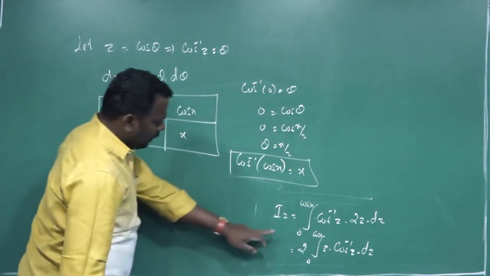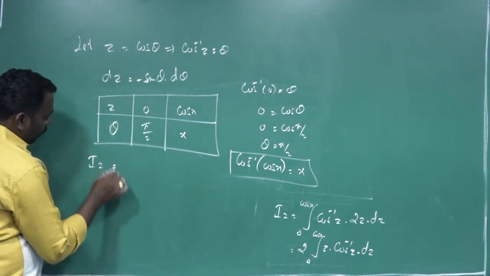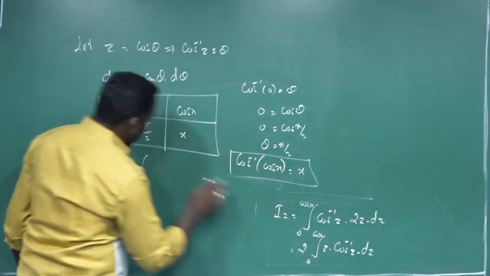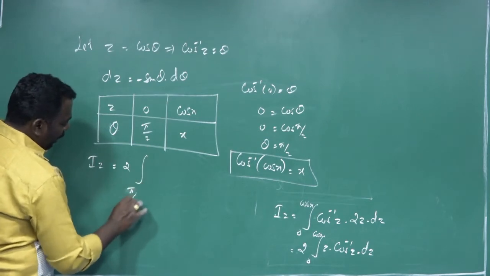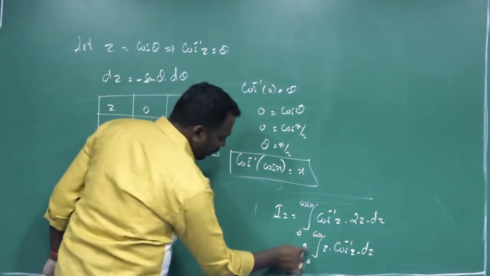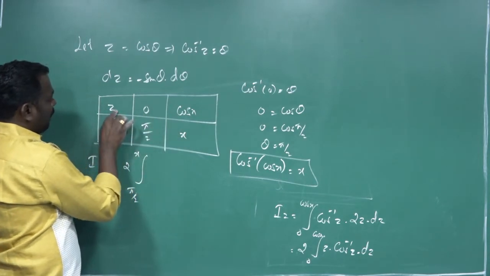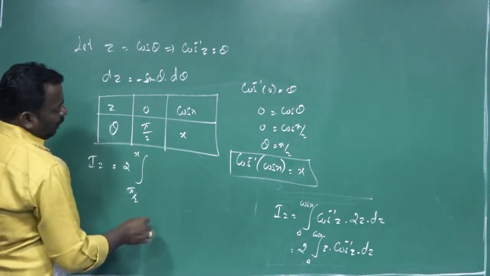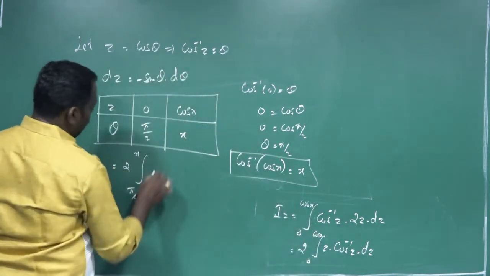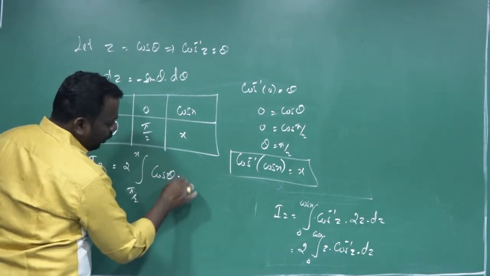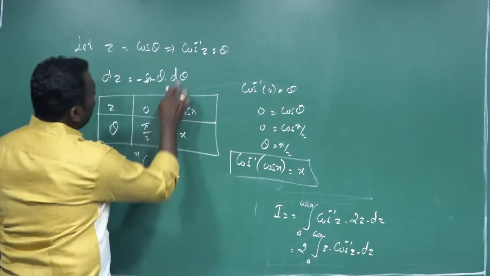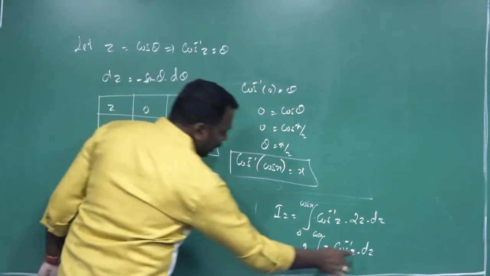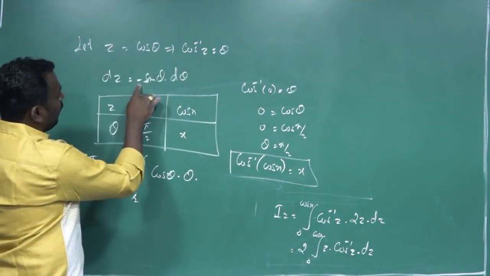Now what is the last line of I2? I2 equals 2 times the integral from pi by 2 to x, with the variable converted from x to theta. The z value equals cos theta, times cos inverse of z, which equals theta, times dz, which equals minus sin theta d theta.